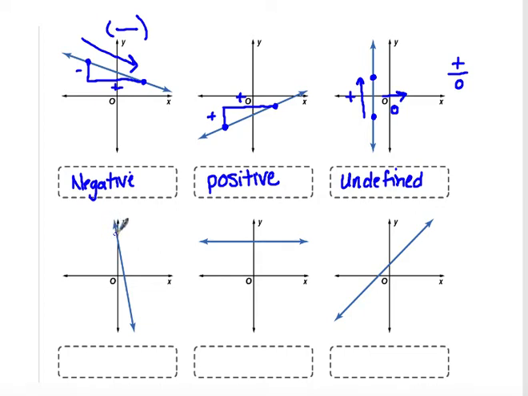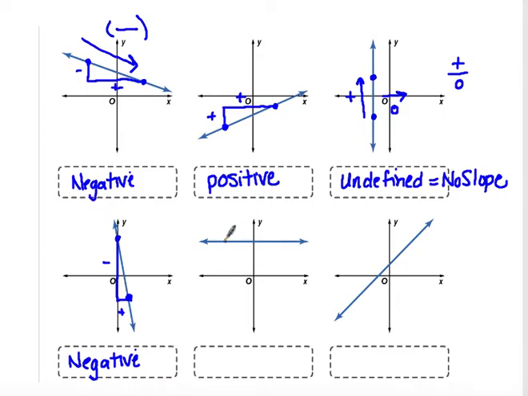All right, so a vertical line has an undefined or no slope. Our next example, this is a lot steeper, but it's going down the hill again. It's going to have 1 negative, 1 positive, and this is going to be a negative slope.